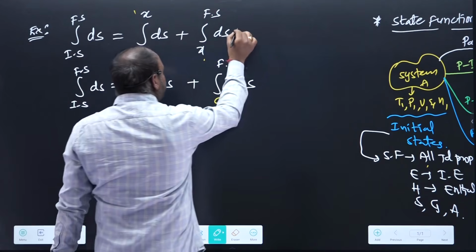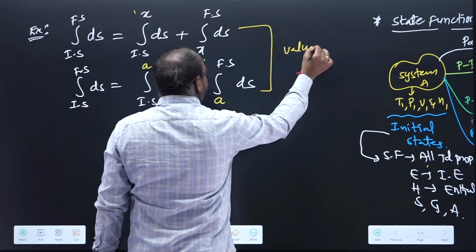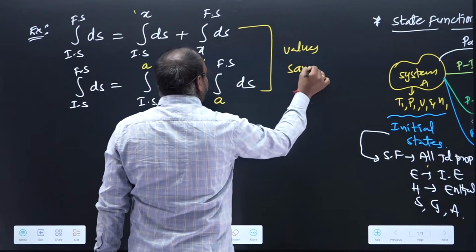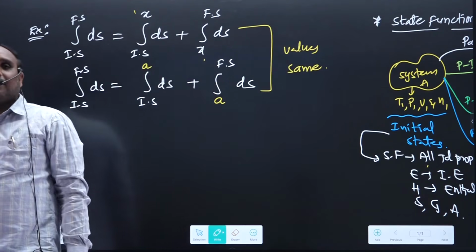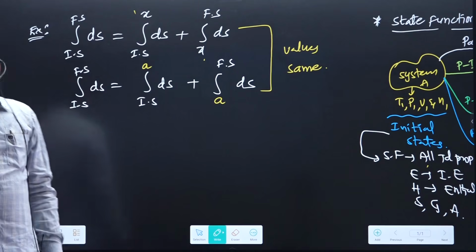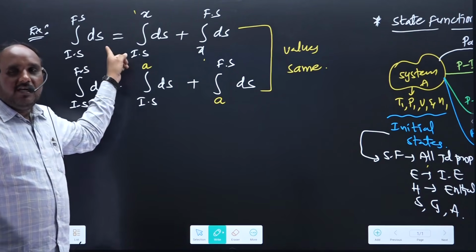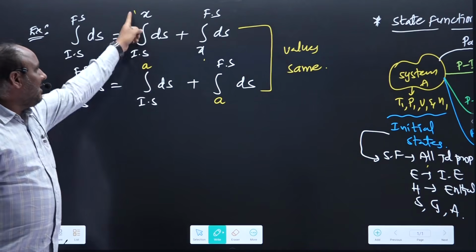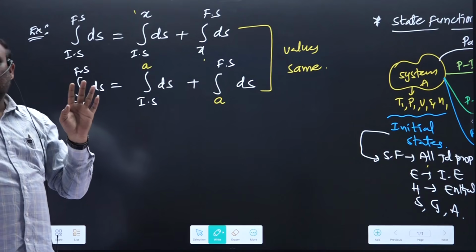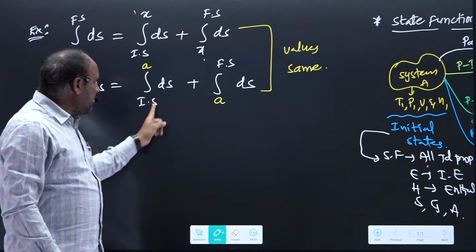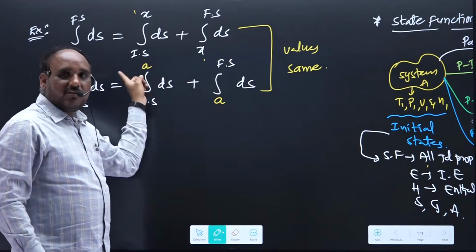In both of these, the obtained values will be the same. Therefore it is independent of pathway. The property here is the function, that is entropy. Entropy is independent of pathways. Whatever pathway we choose, it depends only on the initial and the final state, irrespective of the pathways.